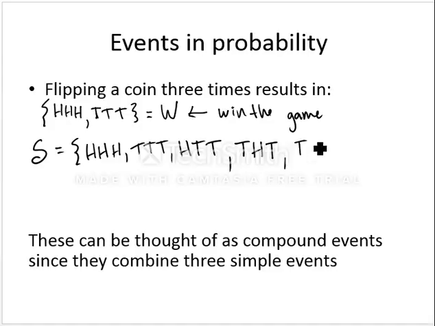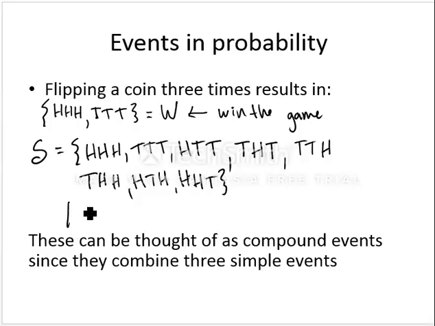Or it could be in the third. We could get, let's see, 1 tail and 2 heads, which the tail could be in the first, the second, or the third.